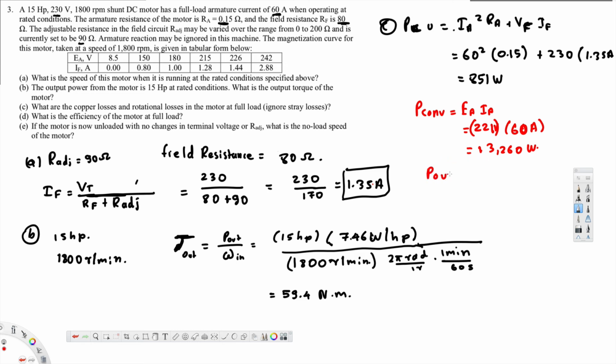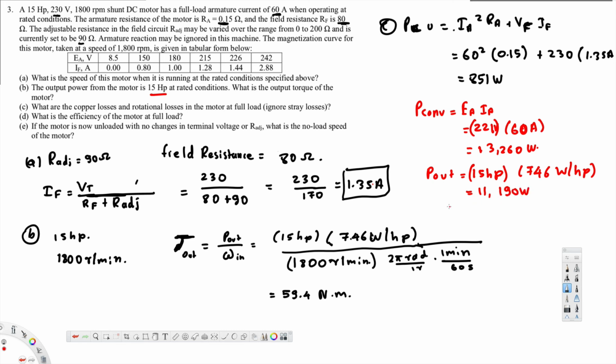Now here we are trying to find P rotational, so we also have to find out the P out for that. P out is 15 horsepower, that's given. If I want to convert this one into watts, I have to multiply this one by 746 watts per horsepower, and this way we will get 11,190 watts.